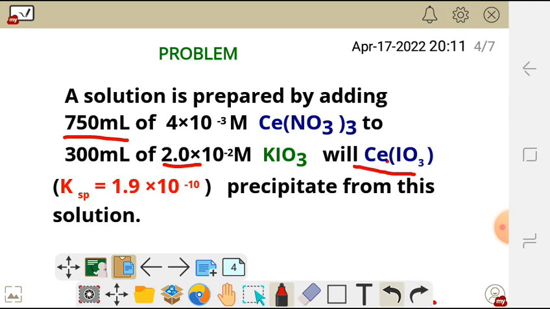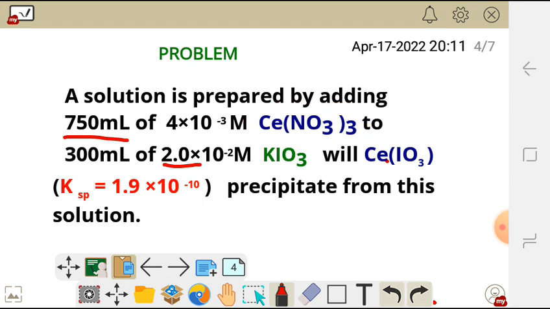Will cerium iodate, which is the resulting product, with KSP 1.9 by 10 to the power negative 10, form a precipitate from this solution? Will this cerium iodate as a product form a precipitate when we react cerium nitrate with potassium iodate? That's the question.